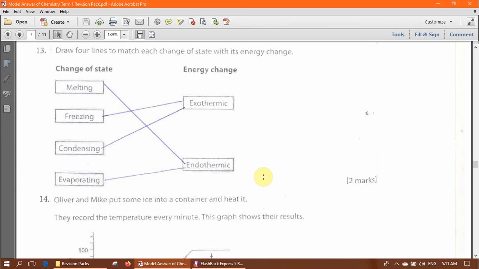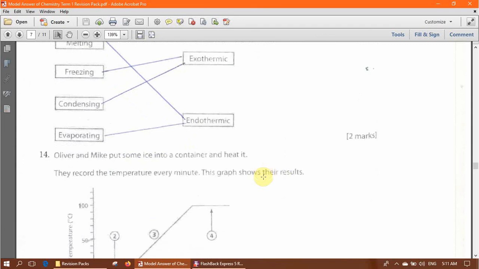So when you change a substance from liquid to solid, the heat is released. The heat goes out. For example, if you're changing water to ice, the heat goes out to the surrounding and forms ice. So as long as the heat is released, it's exothermic.